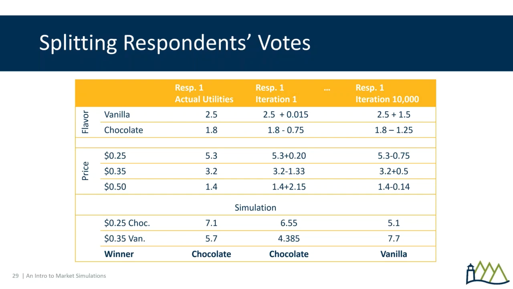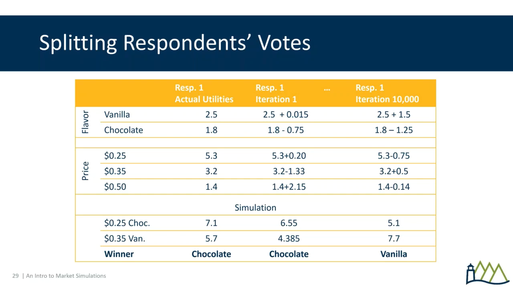Let's just take this person and look at them specifically for a few minutes, and let's do multiple iterations. In each iteration, we're going to take their actual utilities and modify them slightly using error that's determined by how similar it is to other products or other features that are being simulated.